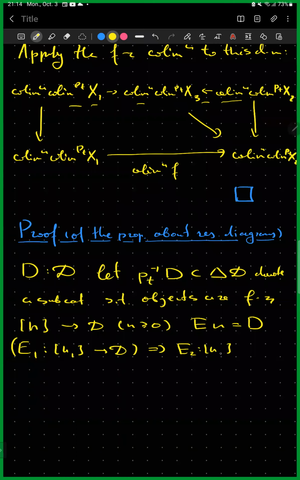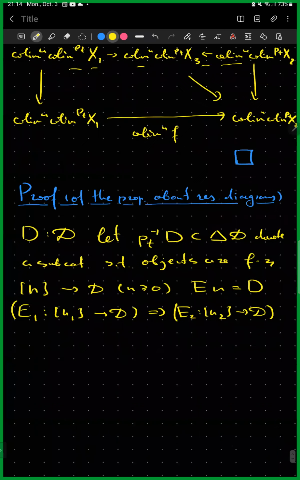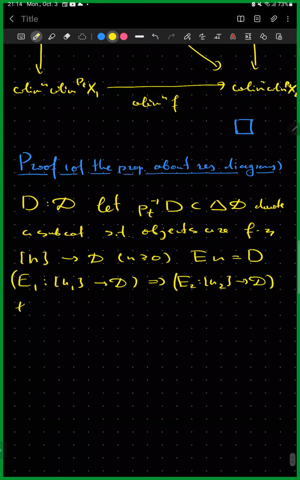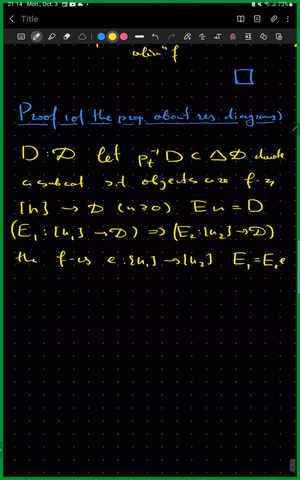And as maps between such objects, we consider the functors from n1 to n2 such that, of course, they form a commutative triangle, and En1 is equal to En2.